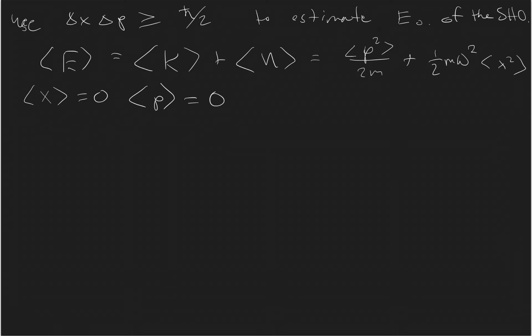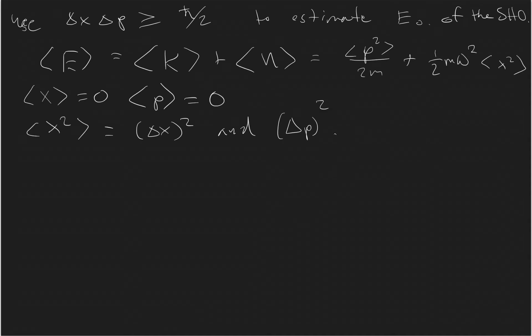The variances then are going to be equal to the uncertainty squared, and the uncertainty of the momentum squared.